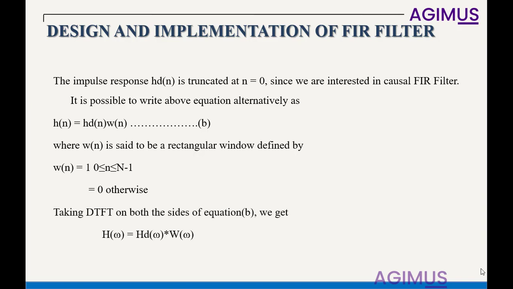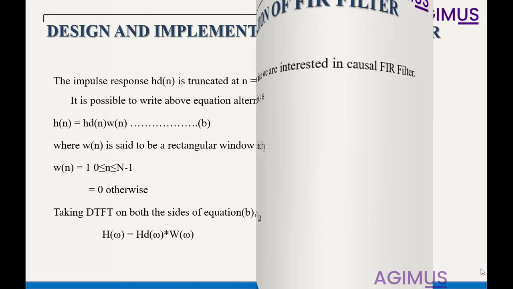Taking the DTFT on both sides, we get H of omega is equal to H_d of omega convolved with W of omega.